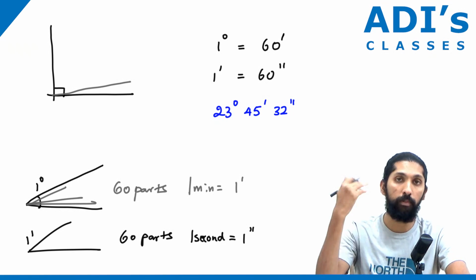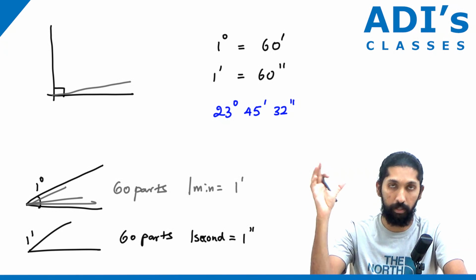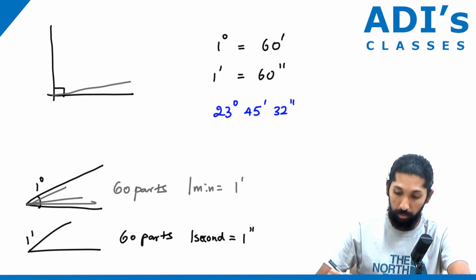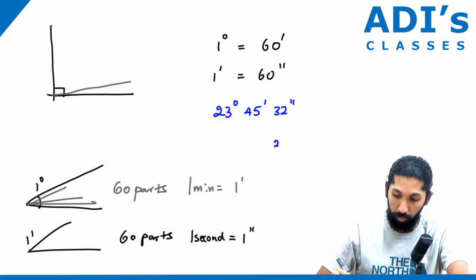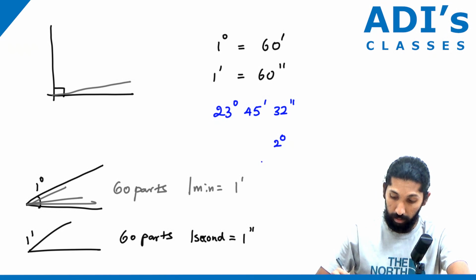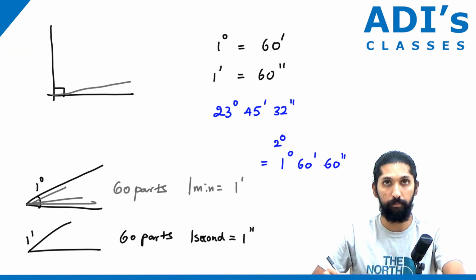Now we have normal addition and subtraction as well, but anyway, we are not going into that part right now. What you need to understand is that suppose they say 2 degrees. Okay, now this 2 degrees can also be written as 1 degree, 60 minutes, 60 seconds. But there is a small change here.